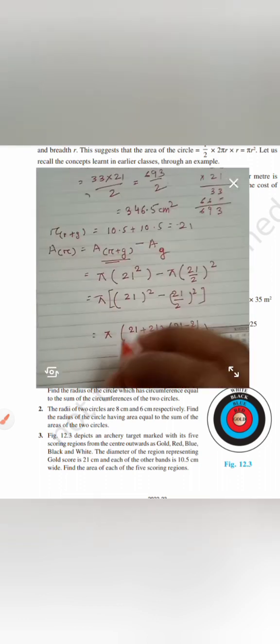I can always solve it in the traditional method, or I can use a square minus b square, that means 21 plus 21 by 2 into 21 minus 21 by 2, right? So that is equal to pi.